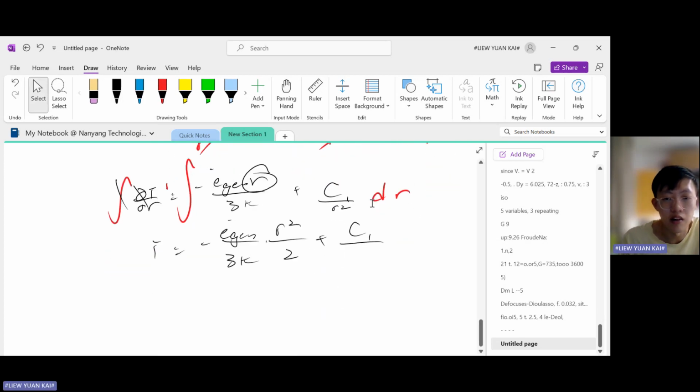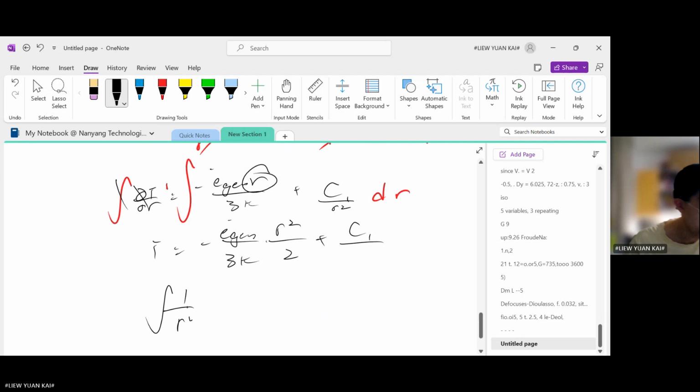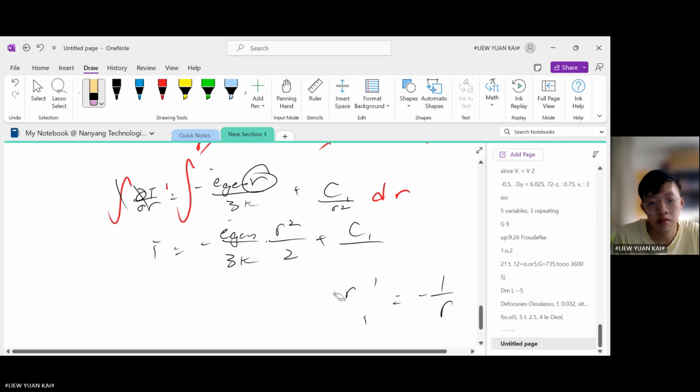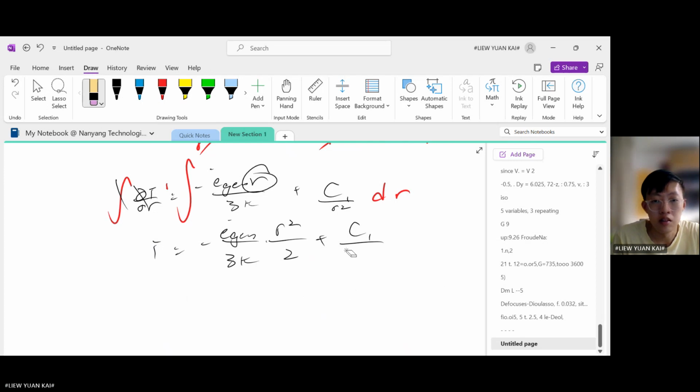So integral of 1 over r squared. Oh, let me check my solutions. Okay, yeah. Integral of r squared is the same as integral of r to the negative 2, which is power plus 1 divided by the new power. Then if you write this in positive index, it will be 1 over r. Okay, so that means this shall become negative 1 over r and plus c2.